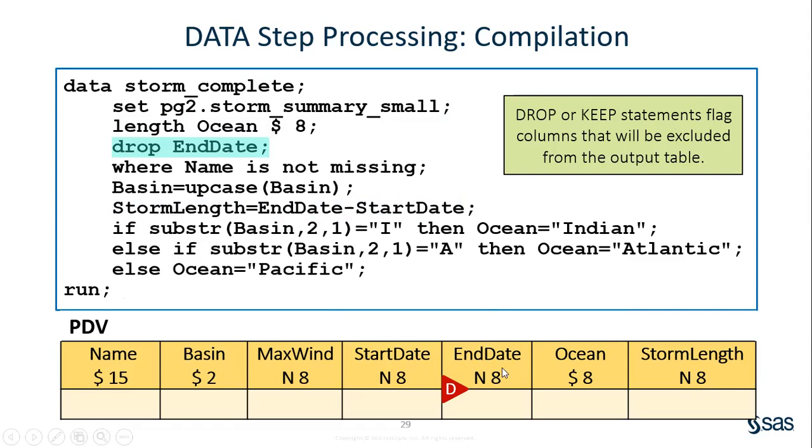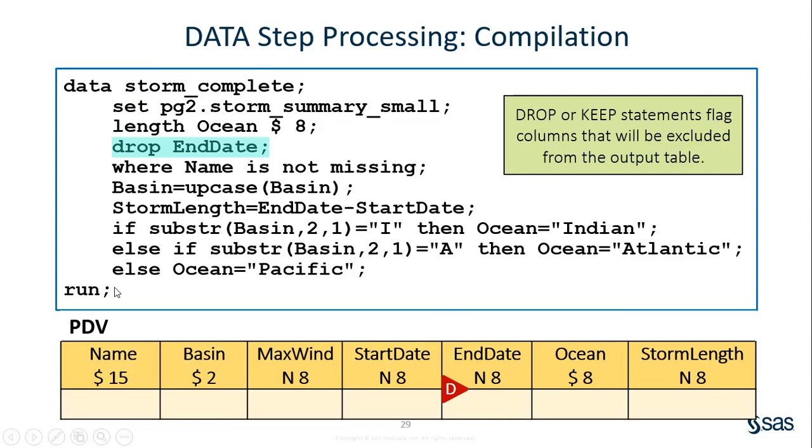D means this column is to be dropped. It's available in PDV, but when it is going to create a descriptor portion for this new data set, this column should not be written to your output data, hence it's flagging D. So drop or keep statement flags columns that will be excluded from your output table.